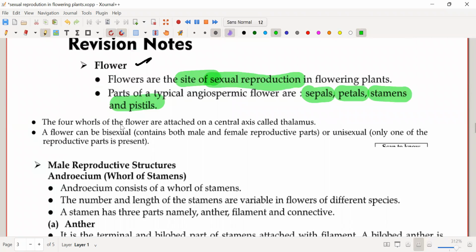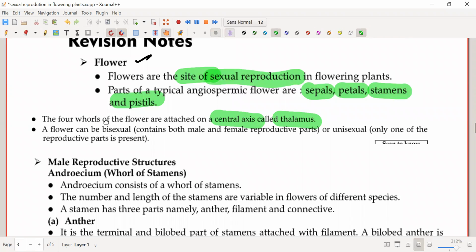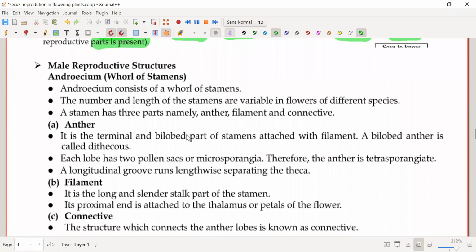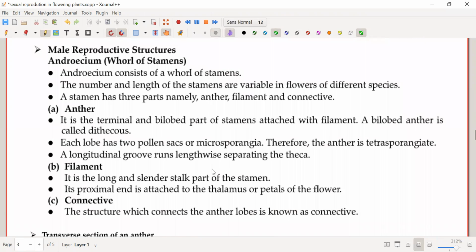The 4 whorls of the flower are attached on the central axis called thalamus. A flower can be bisexual, containing both male and female, or unisexual, where only one reproductive part is present.